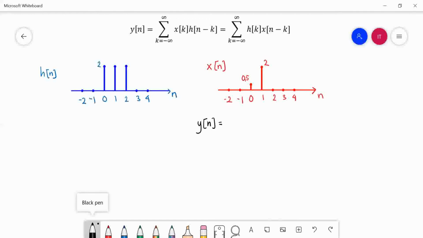In the equation, we need to do a summation over k from minus infinity to infinity. And we see here that our input signal has non-zero values only at n equal to 0 and n equal to 1.